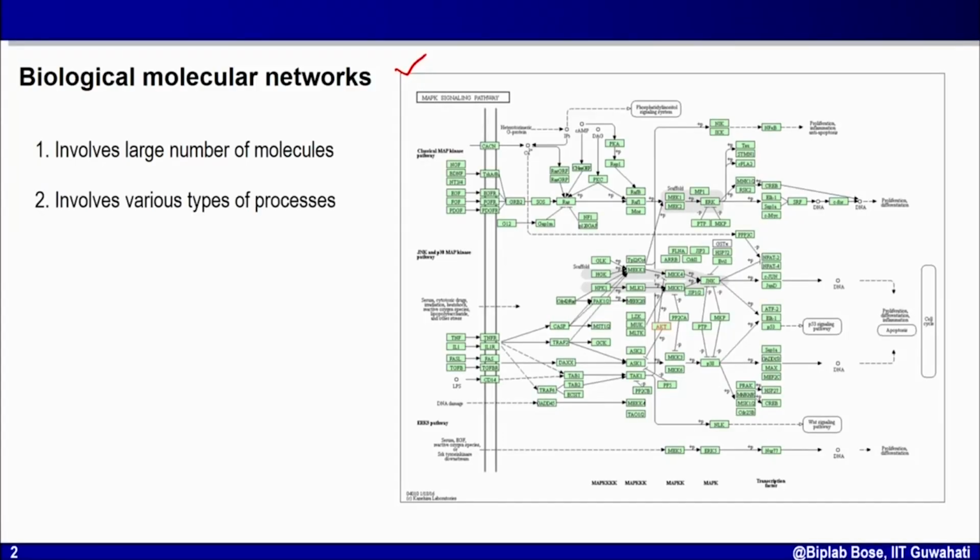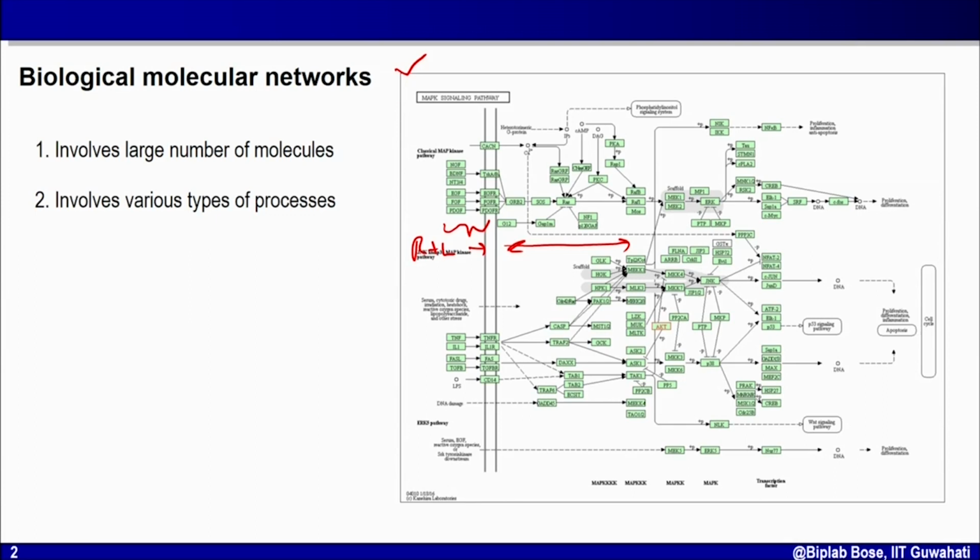Then, apart from molecules, there are many types of processes involved in a particular network. For example, in the network I have shown here, this is the cell membrane, and you have here receptor-ligand interaction. Then the processes going on in this part are essentially cascades of kinase enzymes.